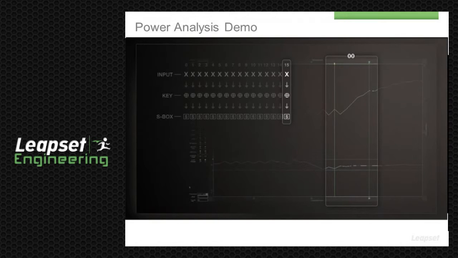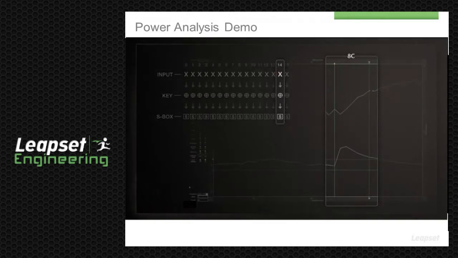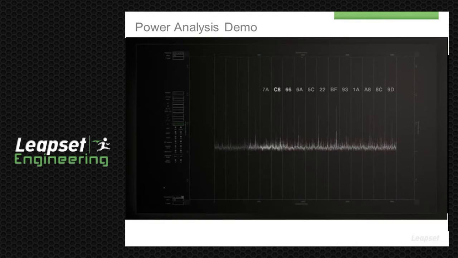This trace is a correlation for key guess equal to 0, and as you can see, the correlation is low. If we look at the correlations for the other key guesses, you will see that they are also low, but as a right key guess comes along, we see a big correlation peak. Once we have the 15th byte of the key, we can repeat this analysis, using the same 10,000 traces for the key byte involved in the 14th SBox lookup, and so on, until we recover all 16 bytes of the key.